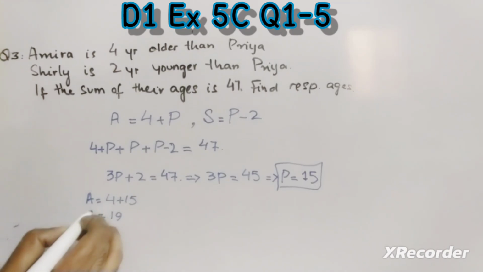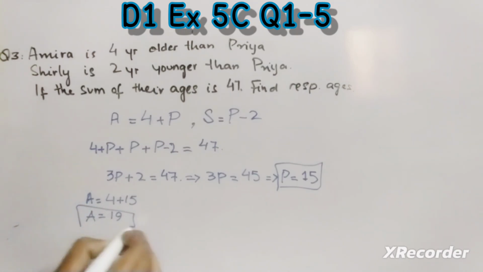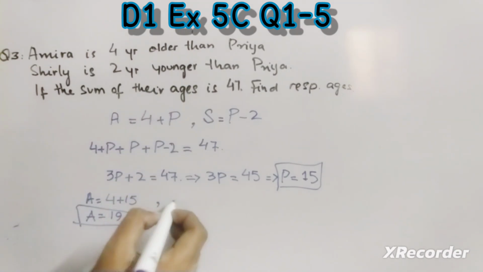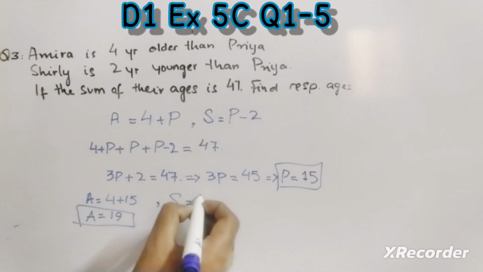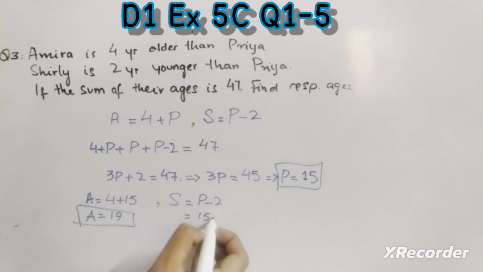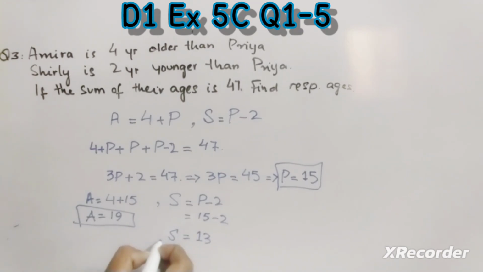So the age of Amira will be 19 years, and similarly the age of Shirley is P minus 2, that is 15 minus 2, and that is 13. So the age of Shirley is 13. So these three are the respective ages.